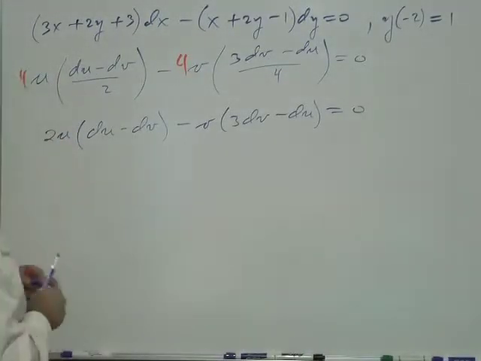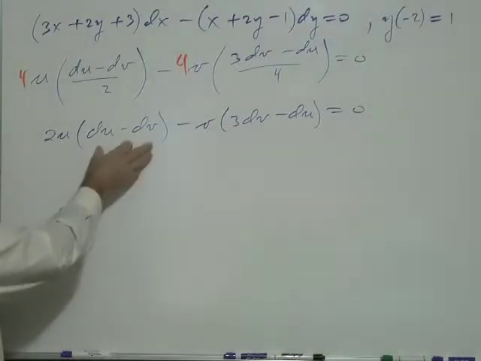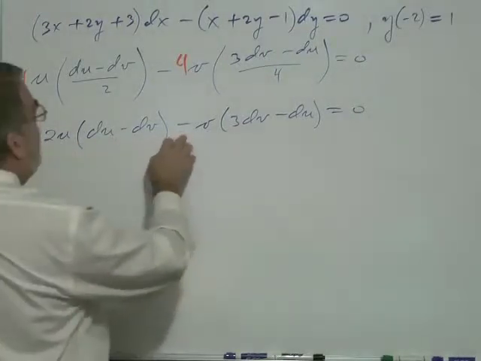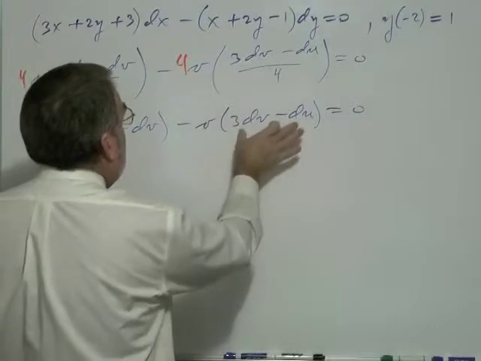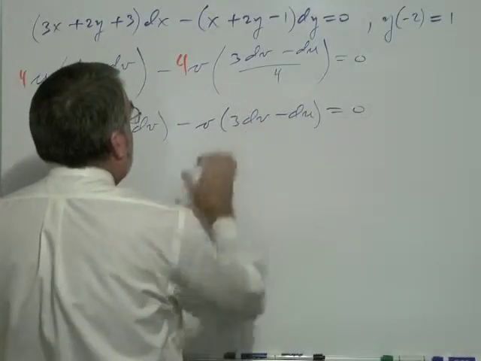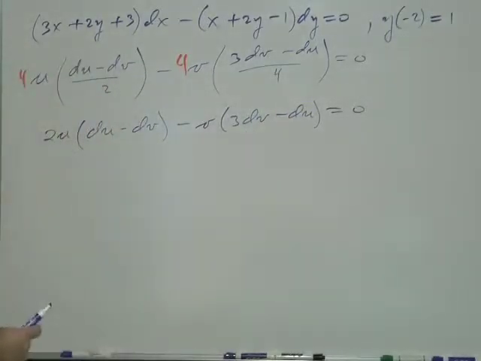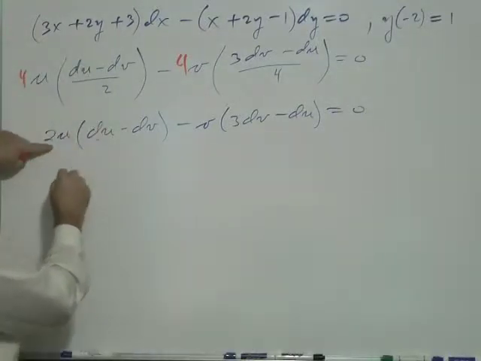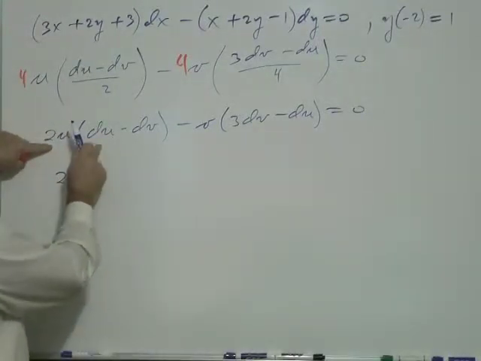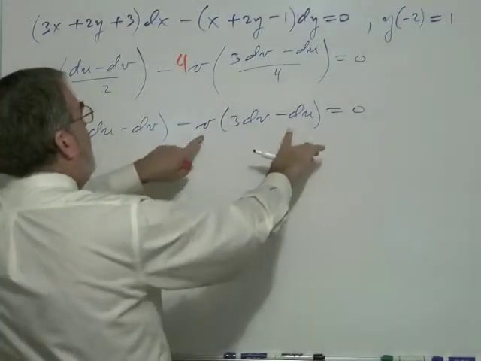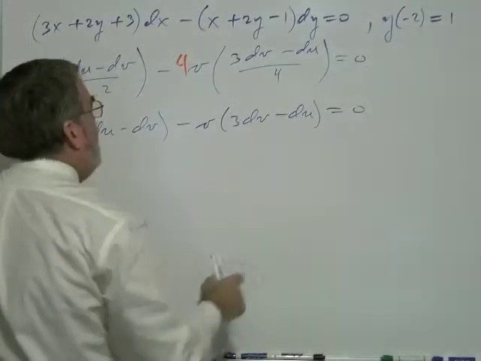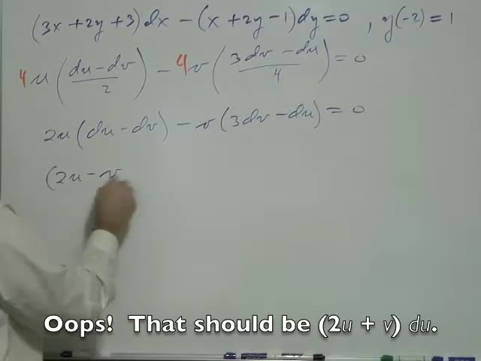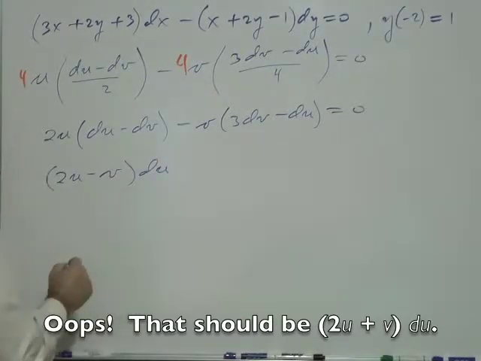Multiplying by the 4 gives us 2u(du minus dv) minus v, the 4 is canceled, times (3dv minus du). Alright, so let's see what we got now. I'm going to separate the du terms. So I have 2u du here, and we have minus v du minus v. So that's our du term.